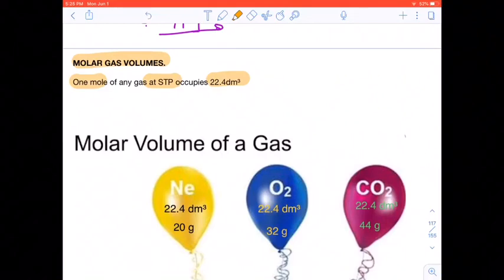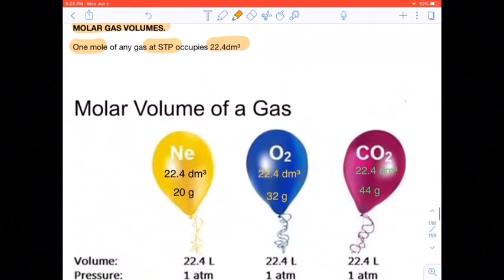If I have neon gas, a monoatomic gas, say 20 grams of neon, and we look at its atomic mass, we will find that it's 20. Its relative atomic mass is 20.